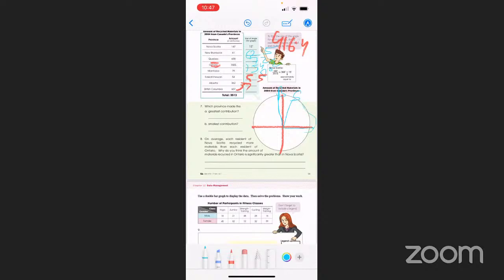So this is all cubic, okay? Do you understand roughly what I'm trying to say? Yes. Okay, and then this is cubic, and then 154 is about Ontario. So that would be 90.